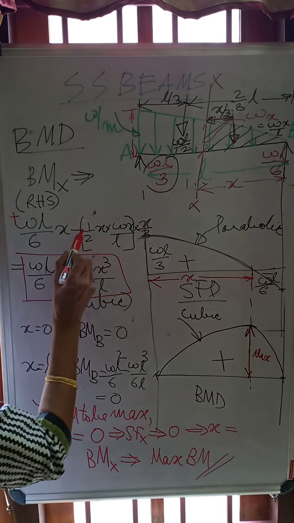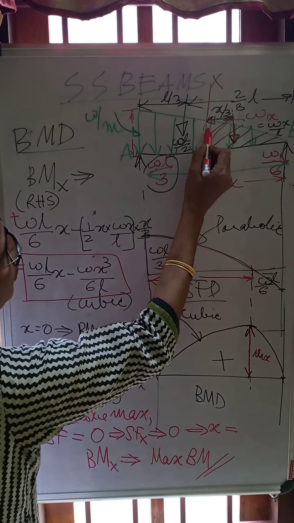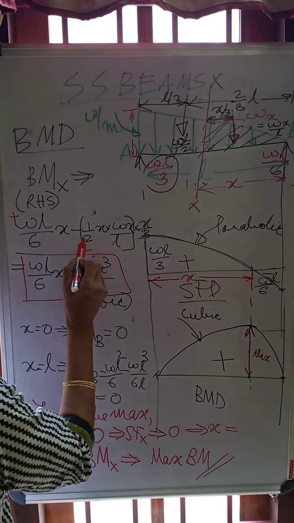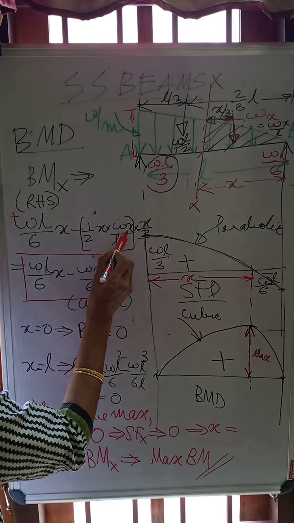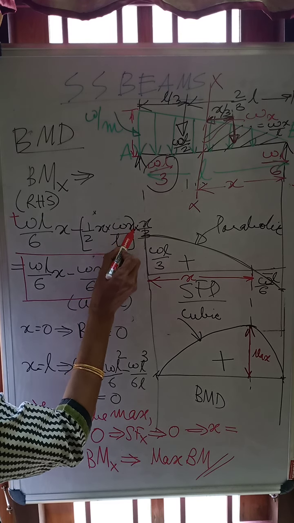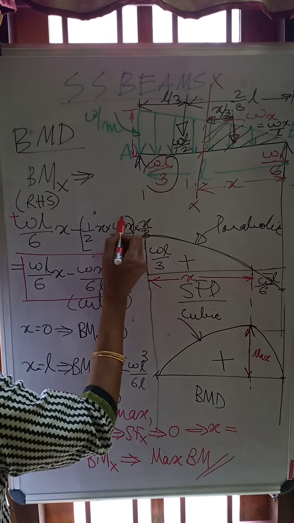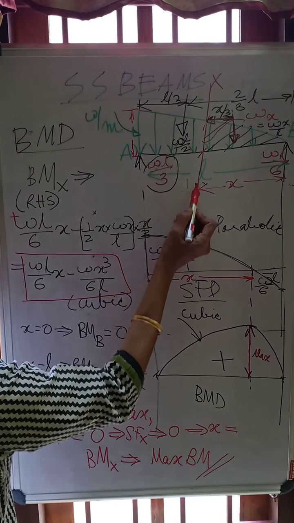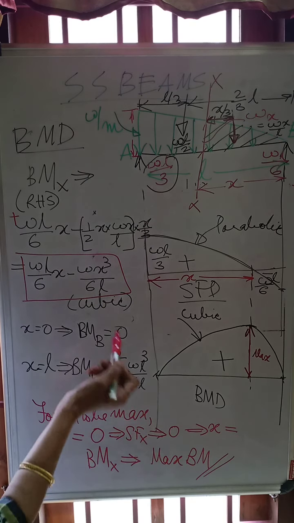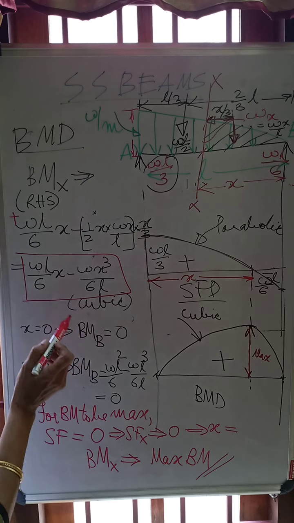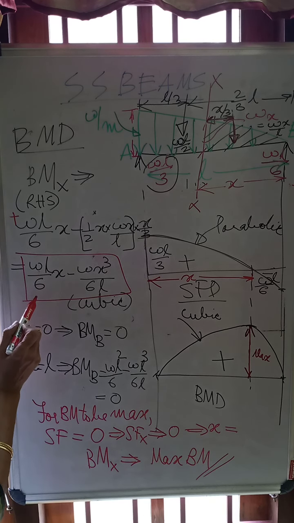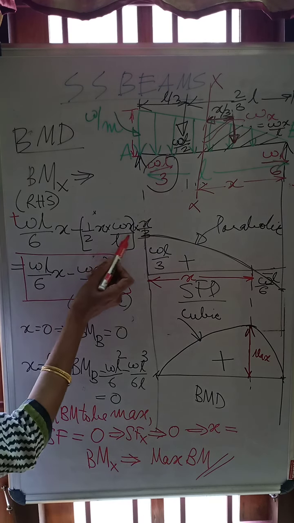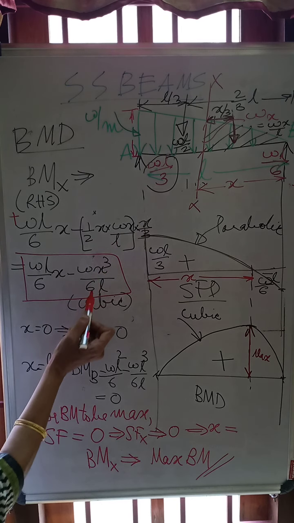So this particular area is half into Wx into X, right? Half into X into Wx, which I have already found out, Wx by L, into this much is the loading into X by 3. We are taking moment about this section line, so it is into X by 3. So that finishes your equation, that is WL by 6 into X minus Wx cube by 6L.